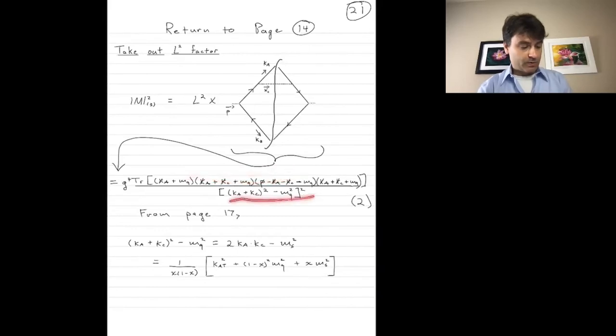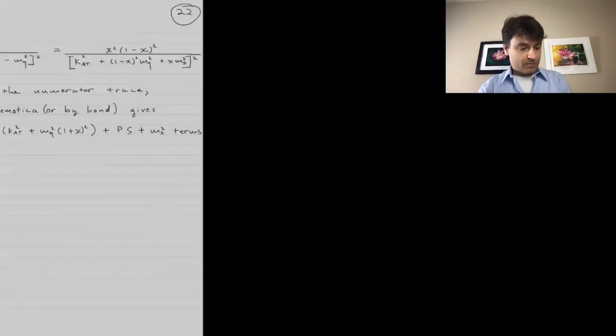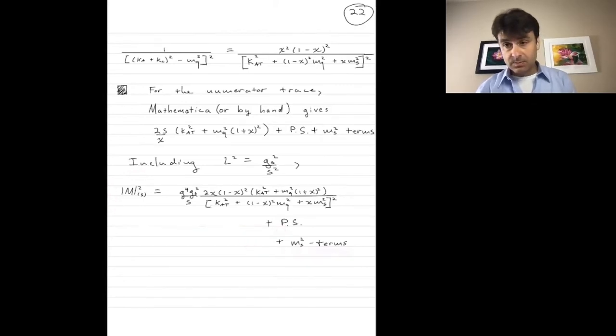Substitute 1 over this denominator stuff squared here, and put all the pieces together to get this expression. So I'm saying plus power suppressed terms and plus terms that are from the numerator that depend on the scalar mass.